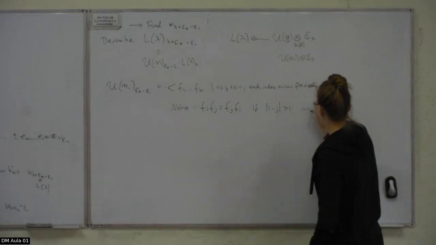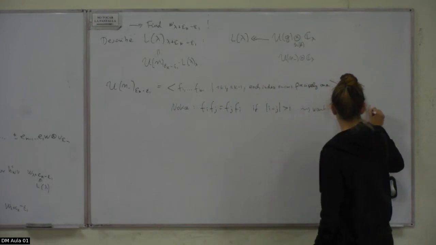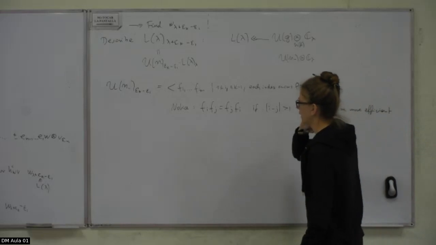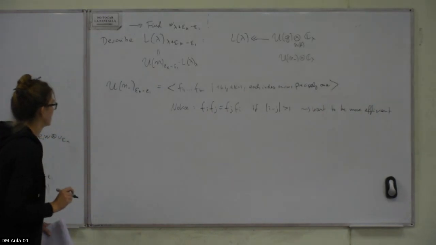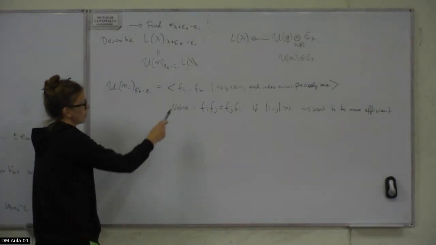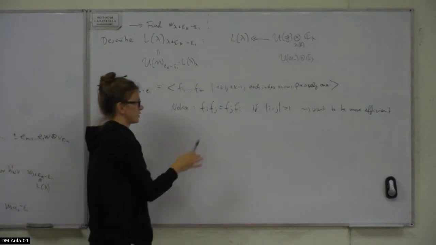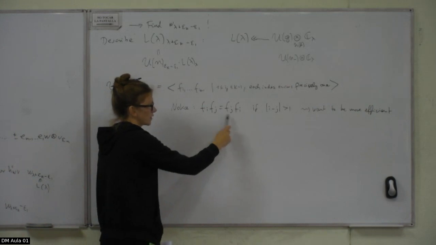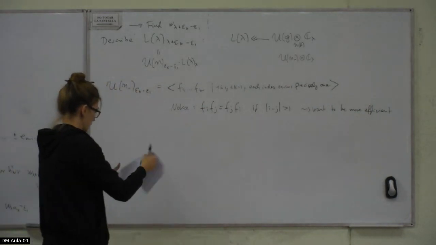We want to be more efficient. So let's try to order the monomials at least a little bit to get rid of too many extra counts that are just due to some very silly commutation relations.